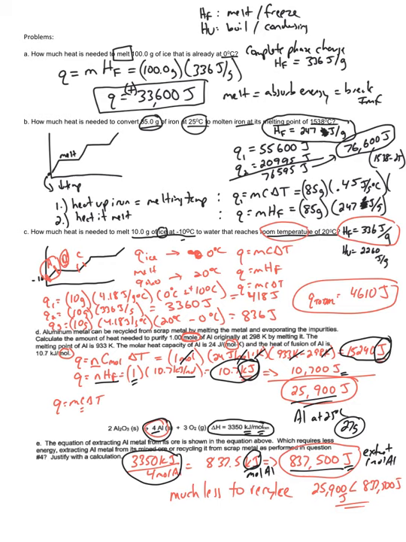Well, what takes less energy? The energy to recycle it or the energy to extract it from its ore? We can see that 25,900 is much, much smaller than 837,000. So it takes much less energy to recycle something like aluminum than it does to get it from mining it from the ground.